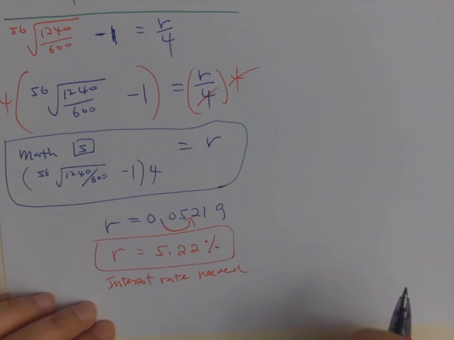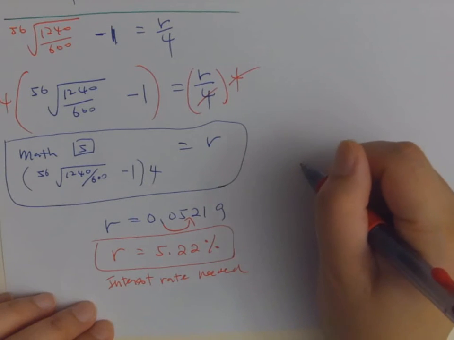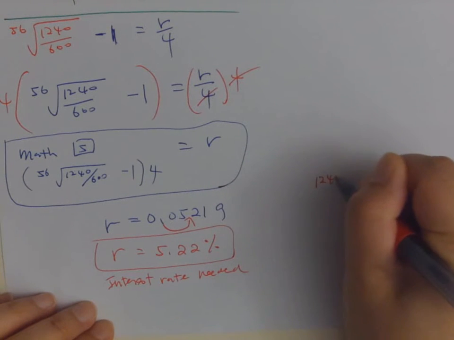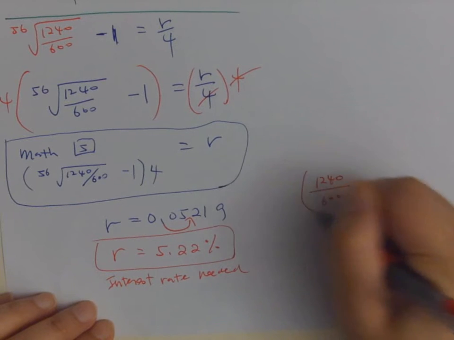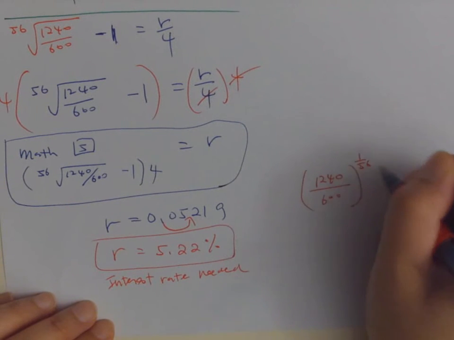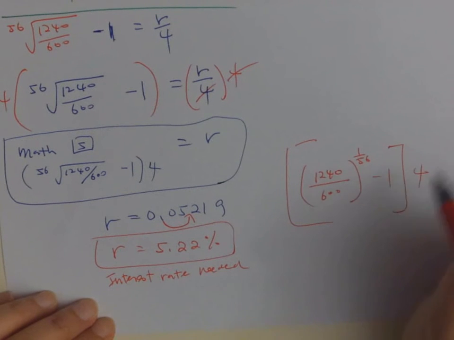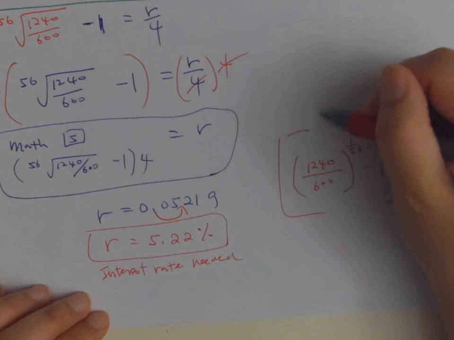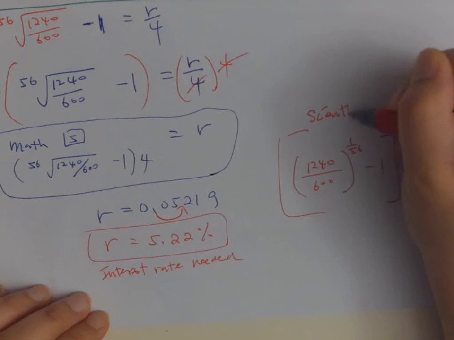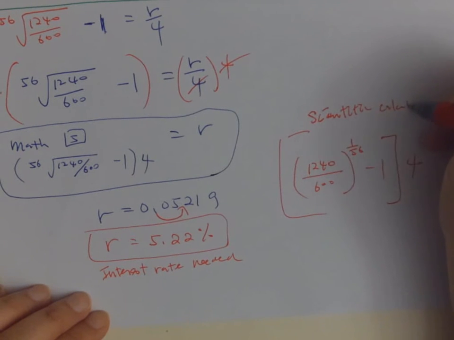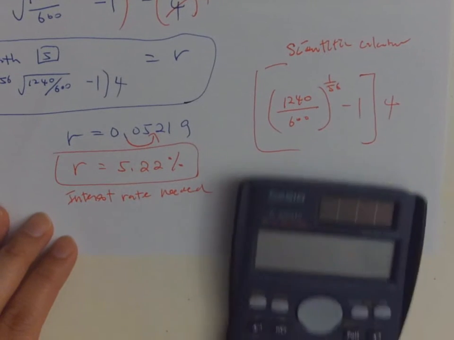All right, so again, the other way to do it, you could do 1240 over 600, but raise it to the 1 over 56 power, subtract 1, and then multiply by 4 if you have a scientific calculator. Let's do it.